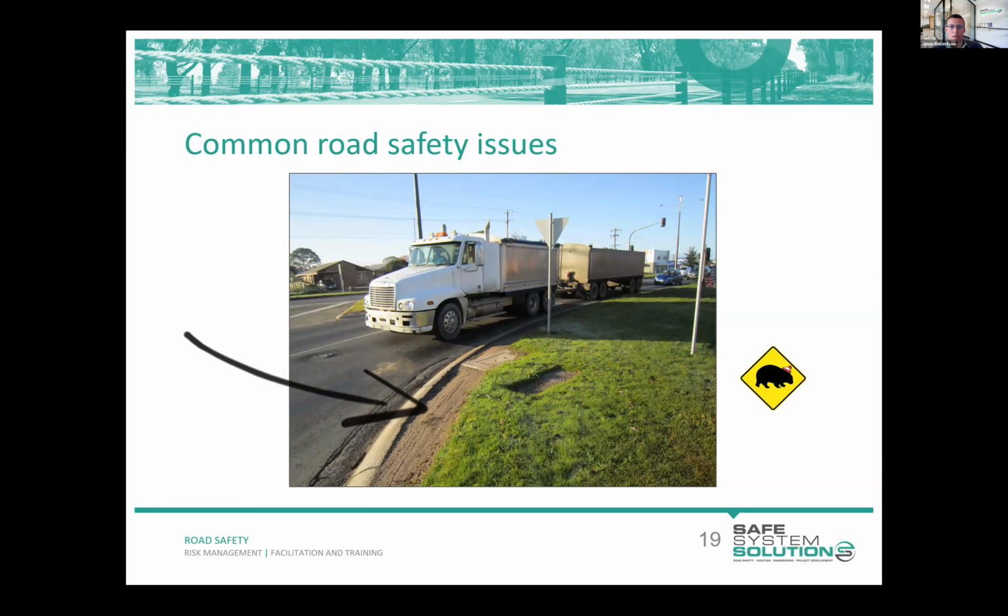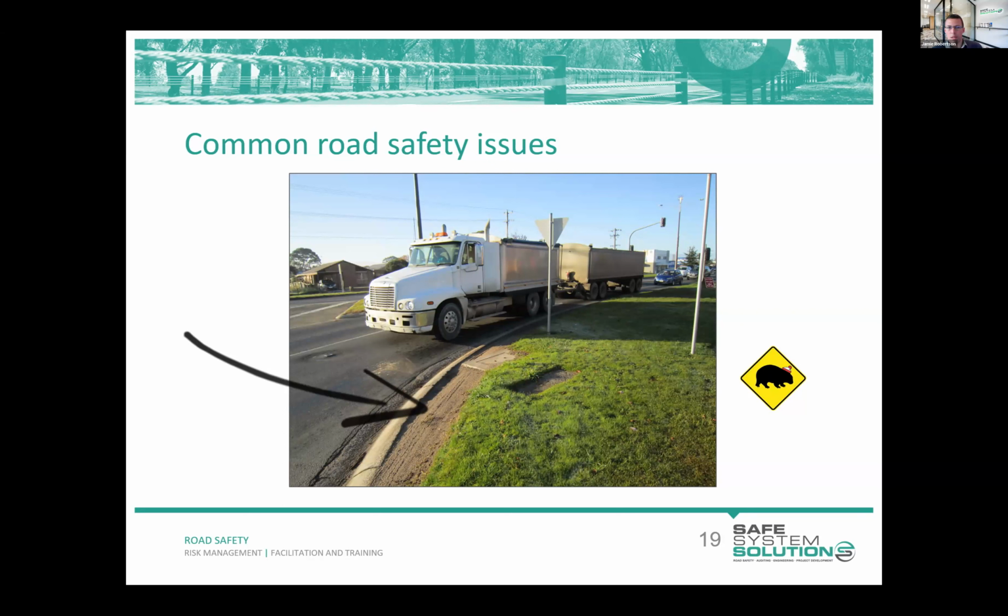Something to be aware of when out on site is evidence of vehicles tracking into areas that we wouldn't want them to, perhaps behind a curb, striking an island, and so on. And you can see here, obviously, some vehicles have been tracking behind the curb there, presumably trucks.